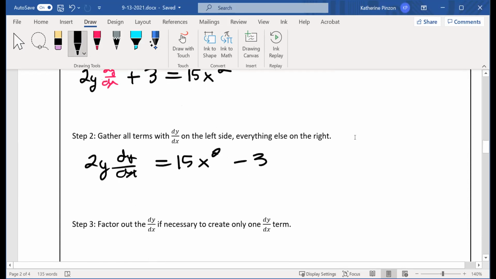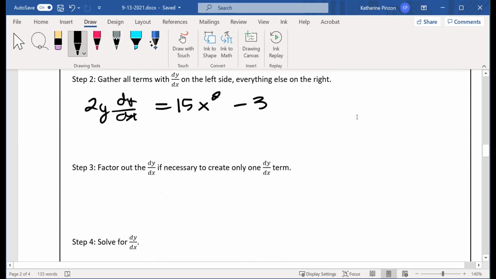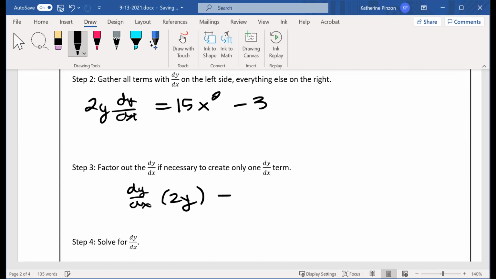Step 3, factor out the dy dx if necessary to create only one dy dx term. We've got that already, right? We have dy dx times 2y is 15x squared minus 3. That's good.